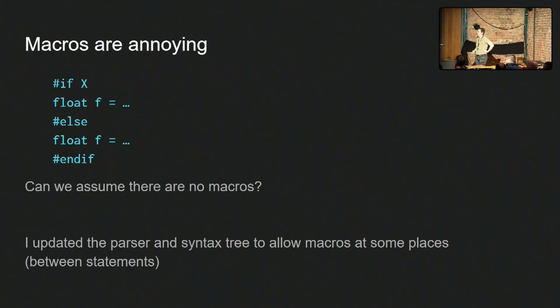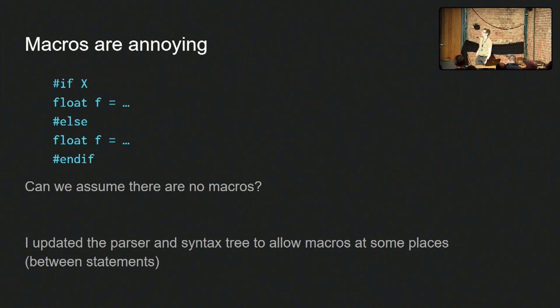The good thing is that I don't think anyone asked for this. But there are still lots of corner cases that are very annoying with macros, and most of the time we just allow macros between statements and hope that they don't mess up the rest of the grammar and the parser.